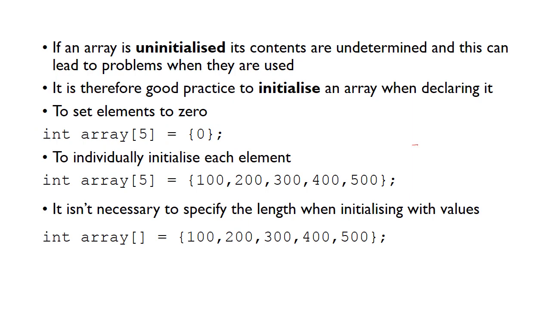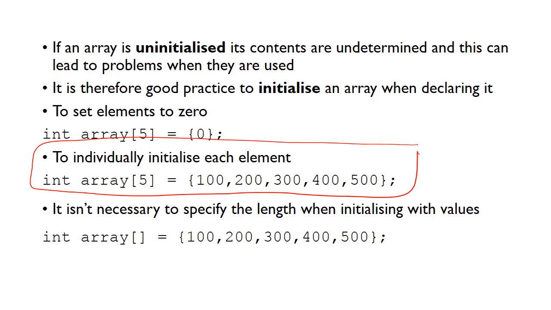Or you can individually initialize each element with a specific value. We've got the same curly braces here, and then there's this comma separated list of values. In this example, that's 0, 1, 2, 3, 4. It does them in order, the index just goes in order.